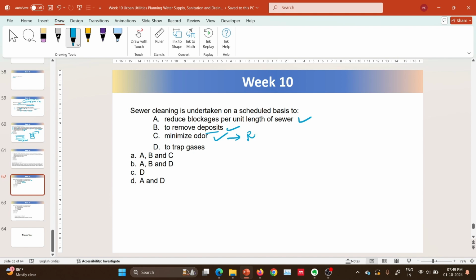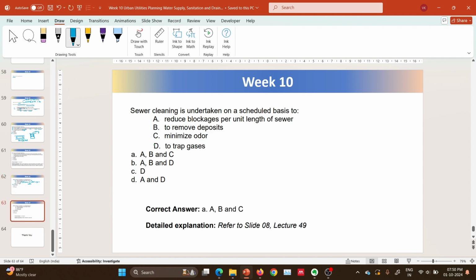If we can remove the settled organic matter, then we can reduce the odors. But trapping gases is not the purpose, so gases are not trapped. So the answer is A, and A is the correct answer.